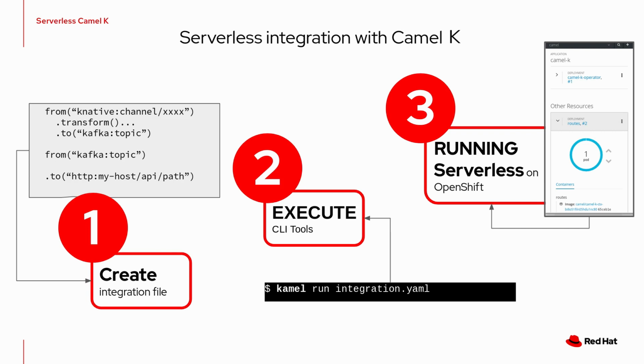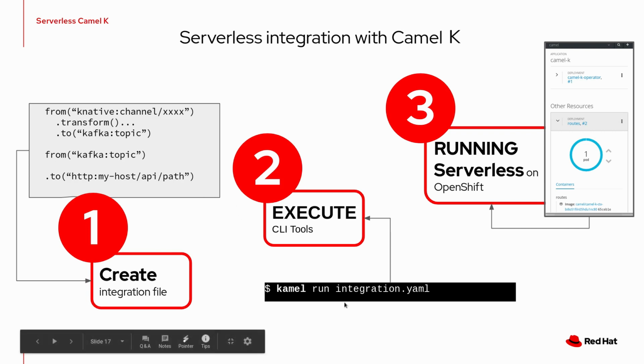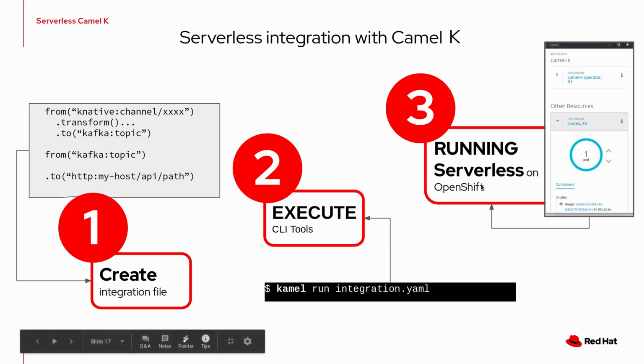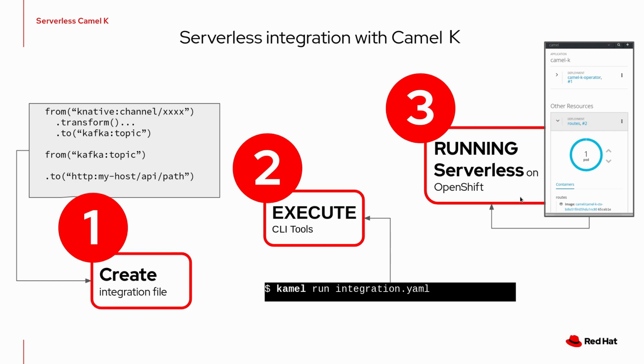The way Camel K works is quite straightforward. First you define the integration logic using the Apache Camel DSL, just like you would do in a traditional integration application. Then you deploy this logic to the server using either the Camel command line or other ways, and then you run it in a serverless fashion on top of the integration platform.